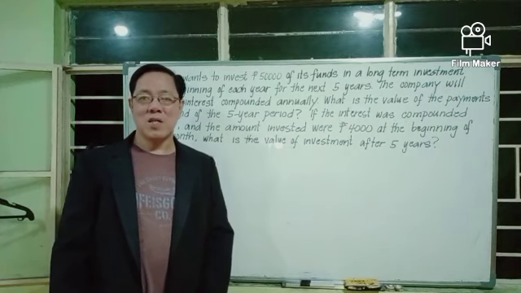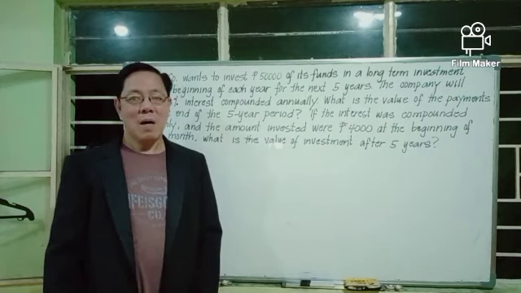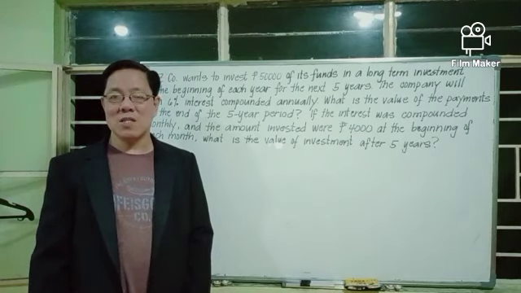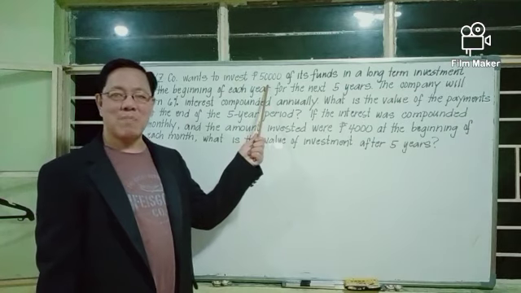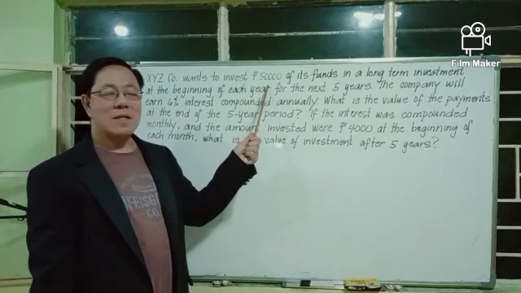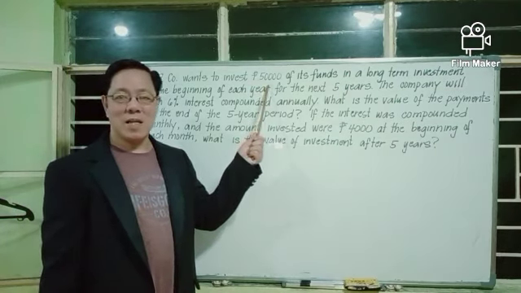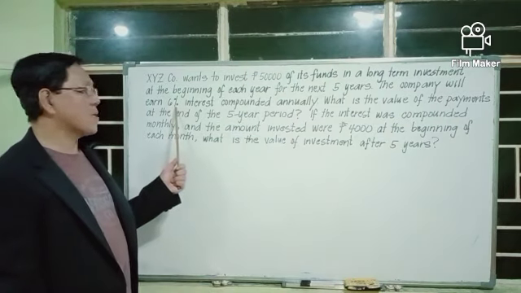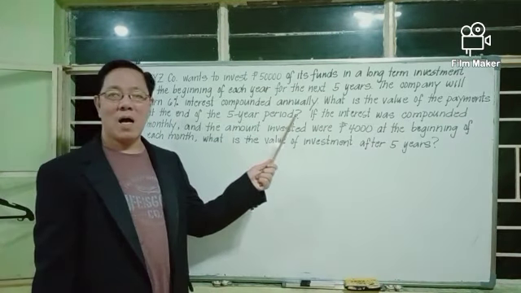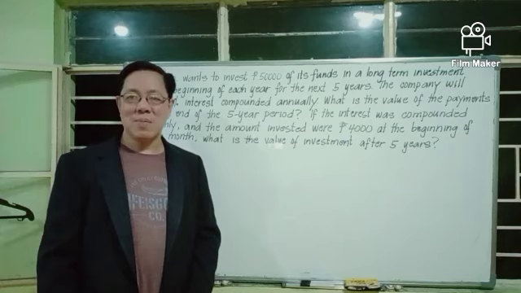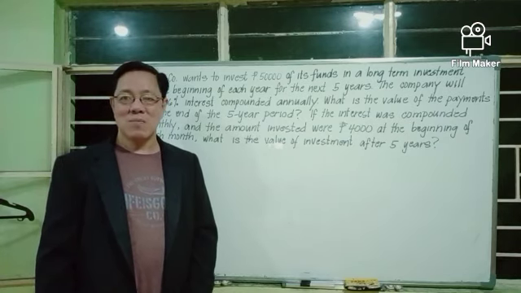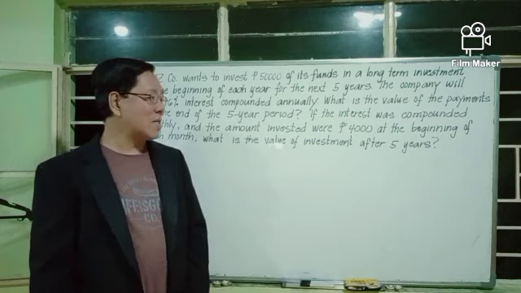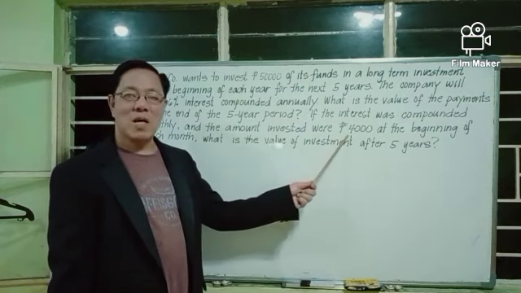In the first part of the problem, the amount to be paid at the beginning of each year is 50,000 pesos. And the company will earn an annual interest of 6%, compounded annually. In the second part of the problem, the regular amount to be paid at the beginning of each month is 4,000 pesos.